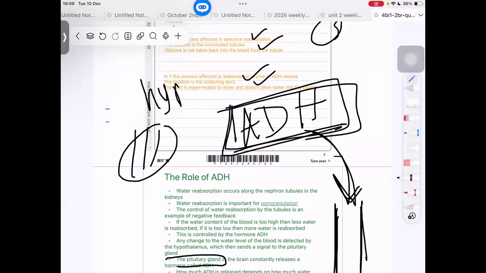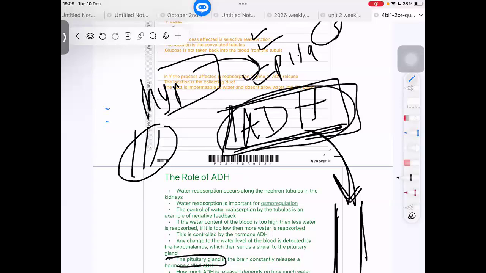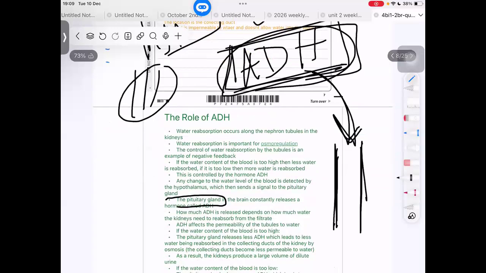That is a different process. If you didn't wake up in the middle of the night, this is what the hypothalamus does: it sends signals to the pituitary gland, and the pituitary gland secretes the hormone called antidiuretic hormone, or ADH. And this ADH hormone makes the collecting ducts permeable.